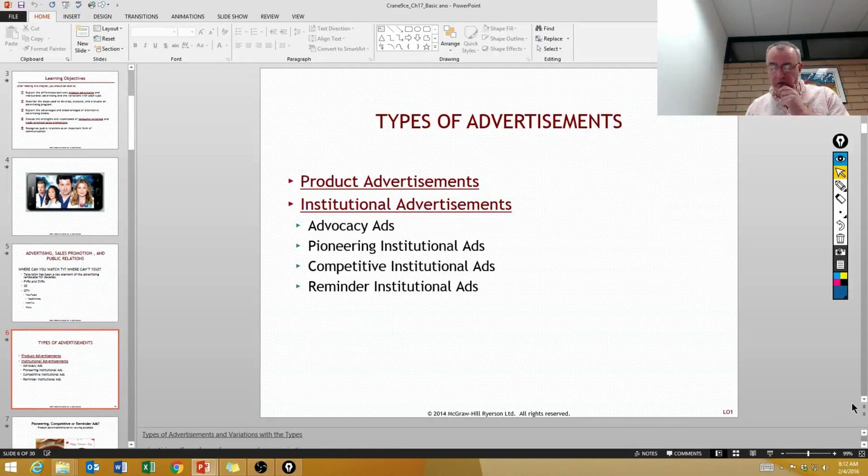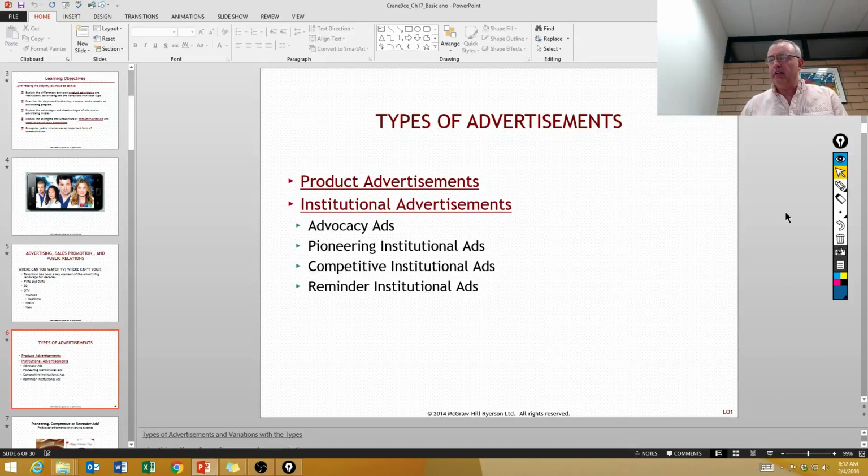We have a definition of advertising: any form of non-personal communication that identifies the organization, and it's about a product, idea, or the organization itself. Advertising in Chapter 17 is actually tied in a little bit with Chapter 16, which we skipped.